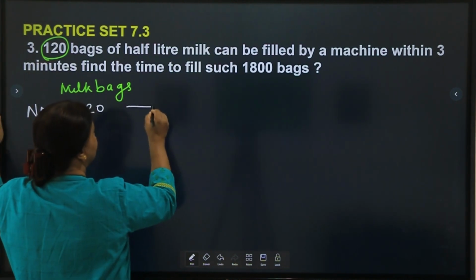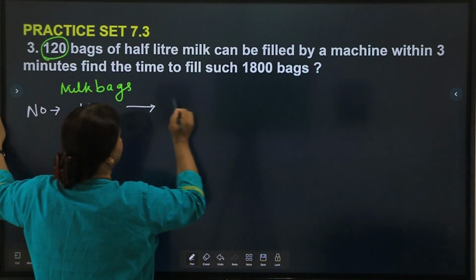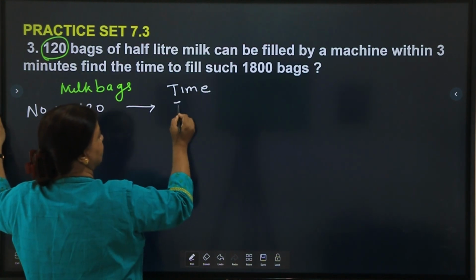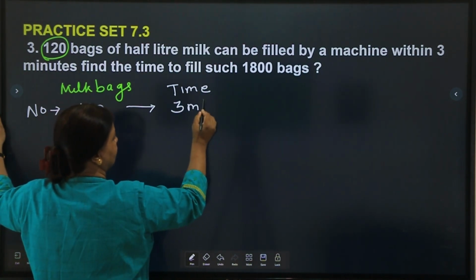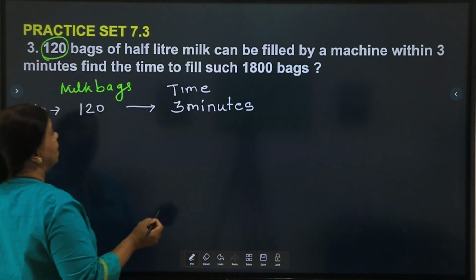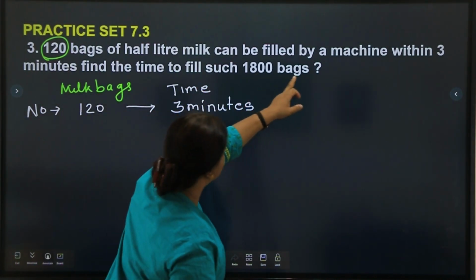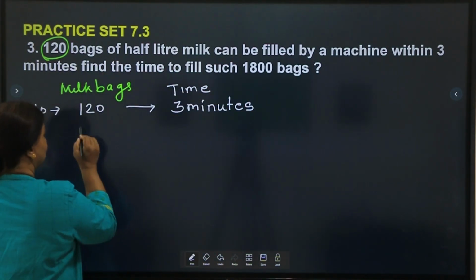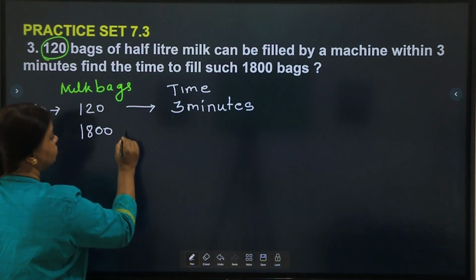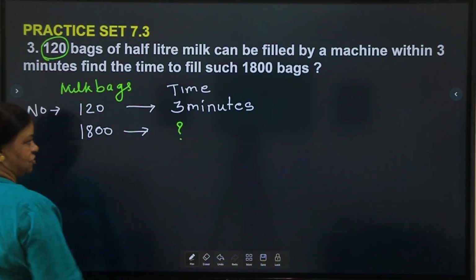They can be filled by the machine in how much time? 3 minutes. So we need to find out the time taken to fill such 1800 bags. If the number of bags is 1800, what will be the time taken to fill by the machine?